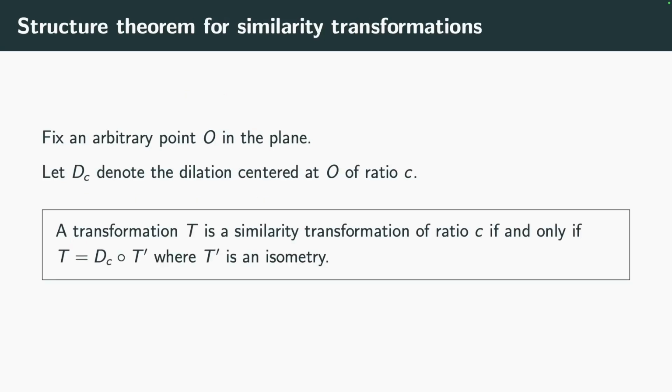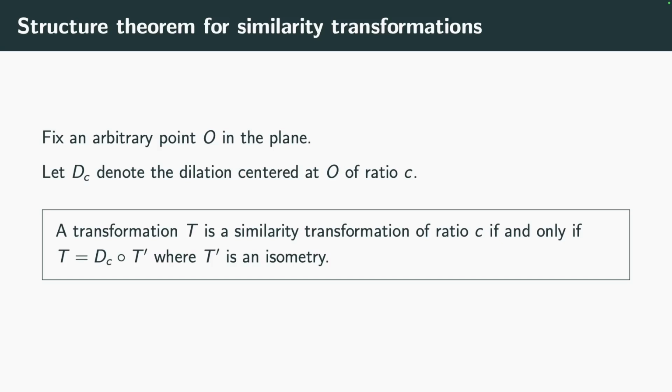Okay, so we have a structure theorem for similarity transformations. If you fix your favorite point O in the plane, an arbitrary point, we just fix it for now, and then we're going to write d sub c for the dilation centered at O of ratio c.